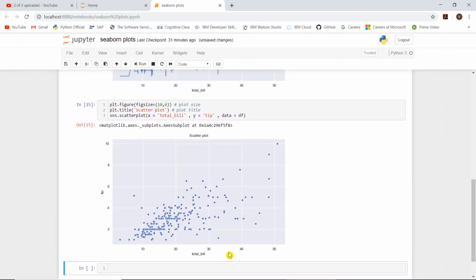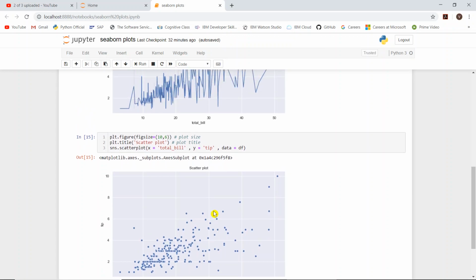Now the plot was enlarged so that it will appear to you very nicely. So this scatter plot, this is the title, this is the background grid, this is the y axis. The name of the x axis variable is total bill, and on the y axis the variable is the tip column, and the markings of the data, all those things come up.